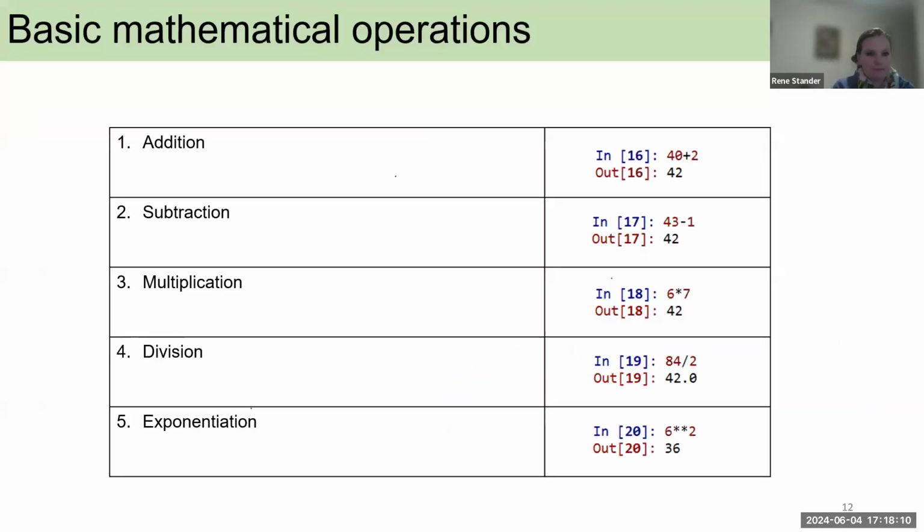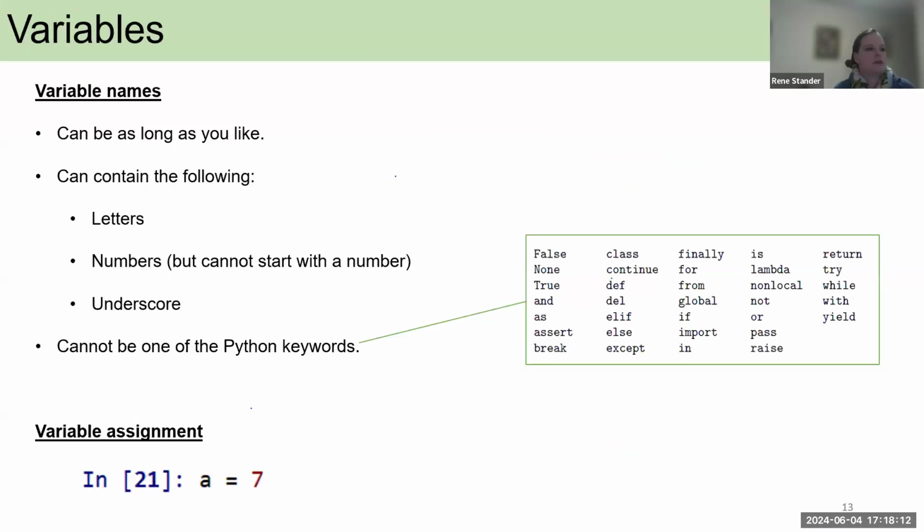Okay. And then also you might want to save something like a calculation that you did into a variable so that you can use it later on. So these variable names, these are some rules that you can keep in mind. It can be as long as you want. Okay, there's no restriction on how long it can be.